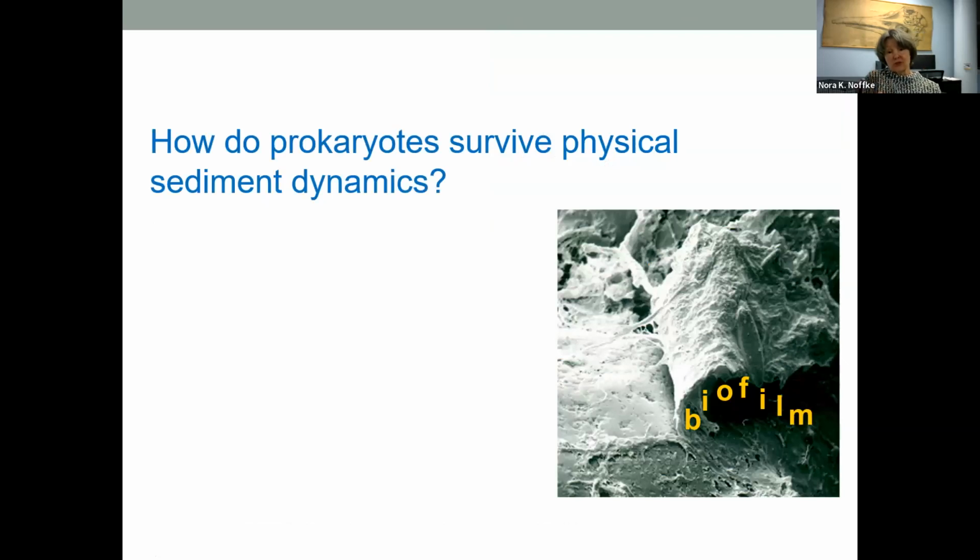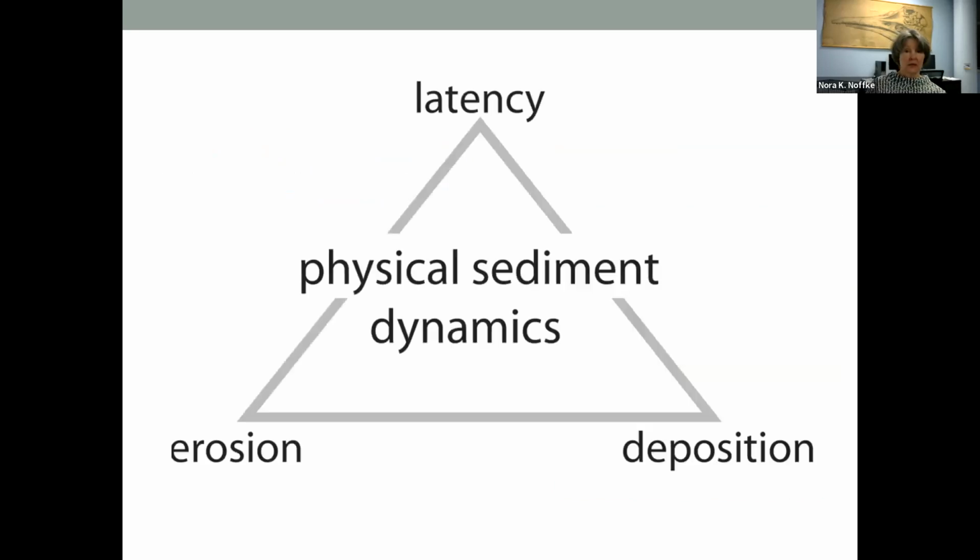So let's imagine how microorganisms colonize a sandy sediment that's moved around by waves and currents. As you can imagine, it's very dangerous to be very small in such a situation. So the question is, how do prokaryotes survive physical sediment dynamics?